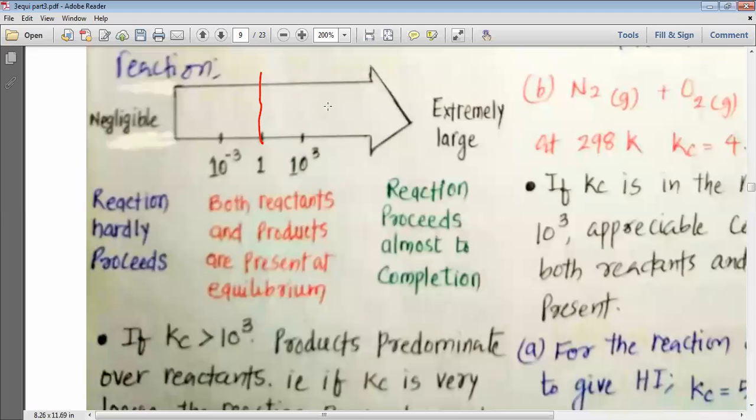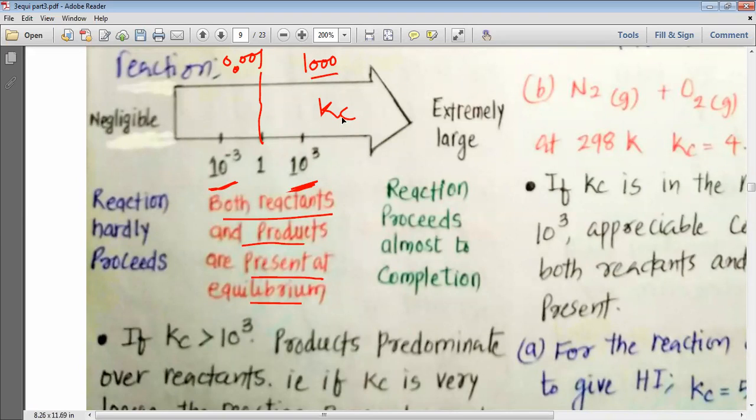So if the value of Kc is between 10 to the power minus 3 and 10 to the power 3, that is 0.001 to 1000, you can say that the amount of reactants and products present at equilibrium is considerable, and they both are present at equilibrium.